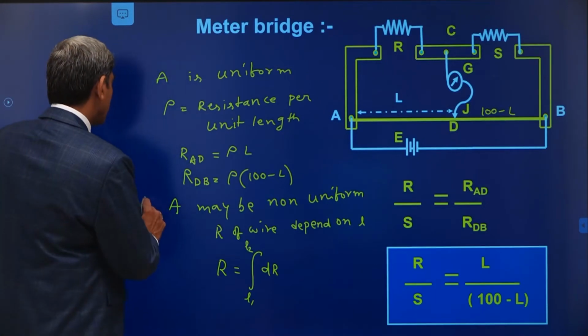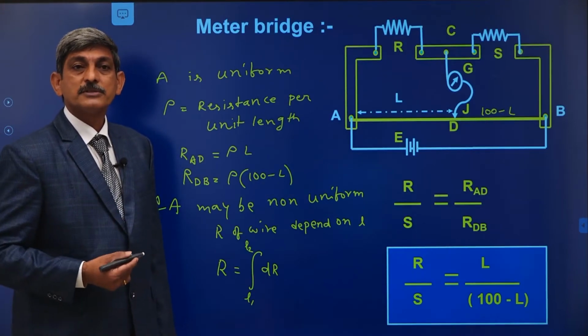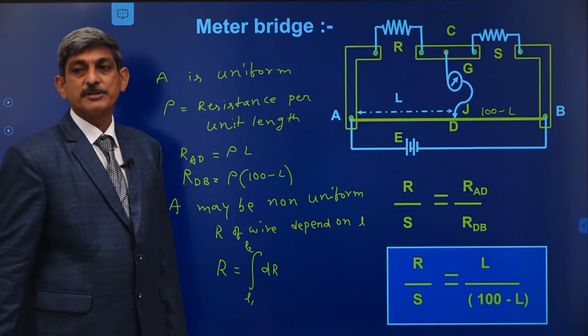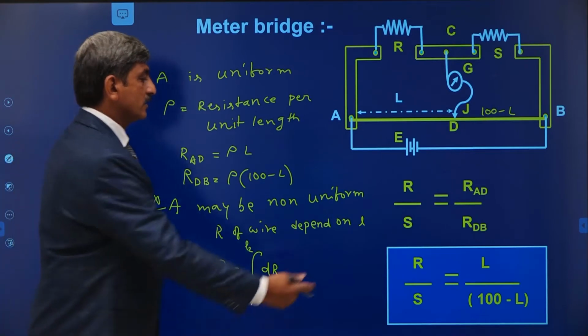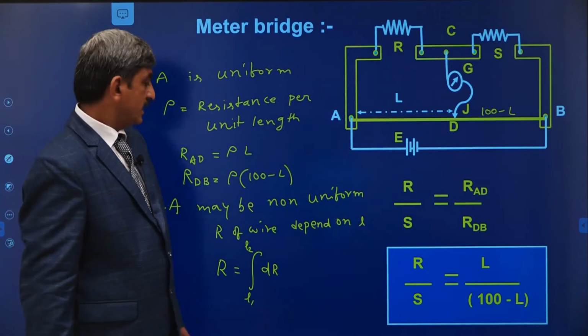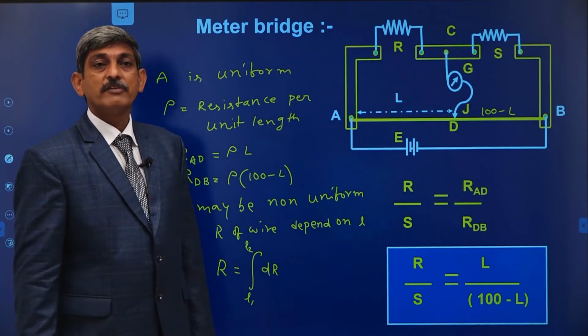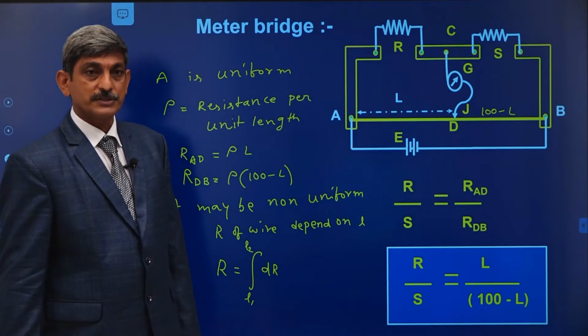This concept is somewhat higher level, which is used to solve the problems at the standards of the JEE Mains examinations. So this is the general balancing condition of the meter bridge, and this is the way of solving the problems whenever the wire is having non-uniform area of cross section.